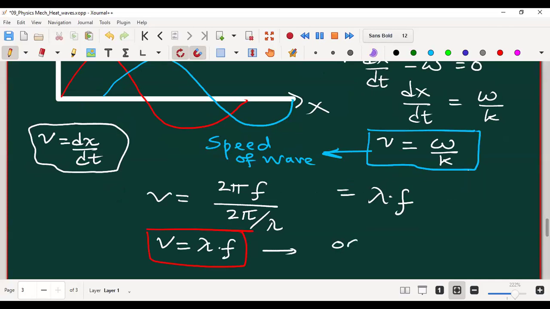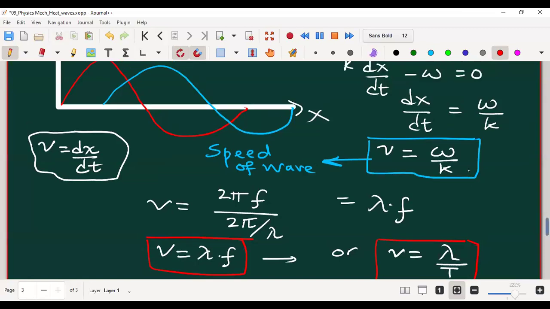So there are three formulations for speed: omega per k, lambda times frequency, and lambda divided by period. This is the speed of traveling wave.